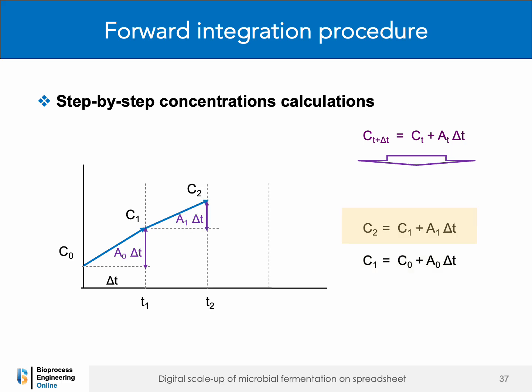At time T1, the slope A1 is then recalculated, and the concentration C2 at the following time T2 is determined as C1 plus A1 delta t. The procedure is repeated to calculate C3 and the following concentrations over the whole investigated time period.